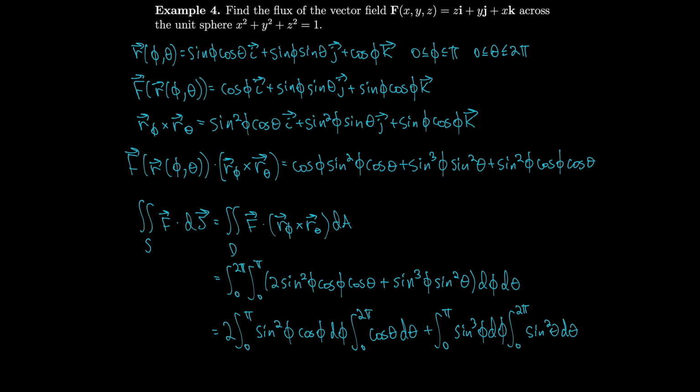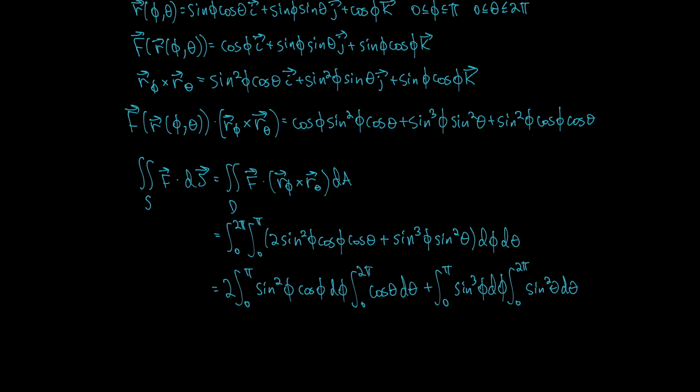Okay, this is awesome because this guy is 0. You can either evaluate it or you can remember that cosine looks something like this. So if you look at it from 0 to 2 pi, this cancels out with this. So that integral is 0, which means that this entire thing is 0.